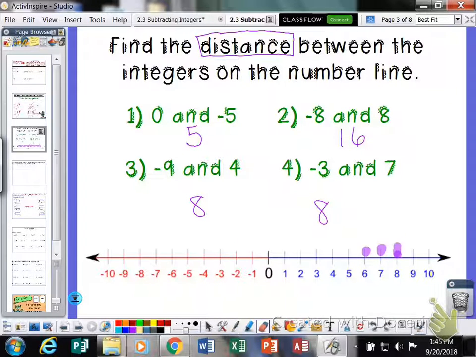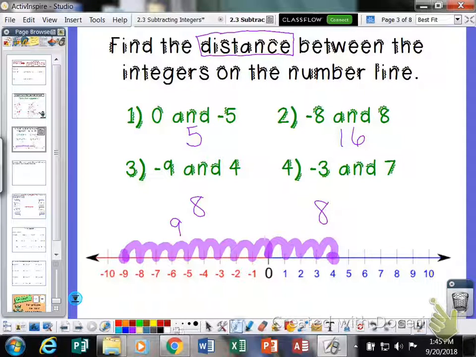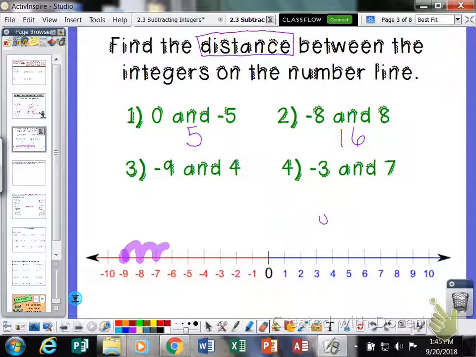I'm going to place my finger at negative 9 and at 4, and then count 1, 2, 3, 4, 5, 6, 7, 8, 9. So that's 9 units, plus 1, 2, 3, 4 more units. 9 plus 4 is 13. So my final answer for that would be 13.